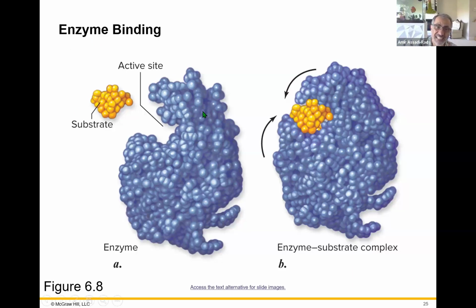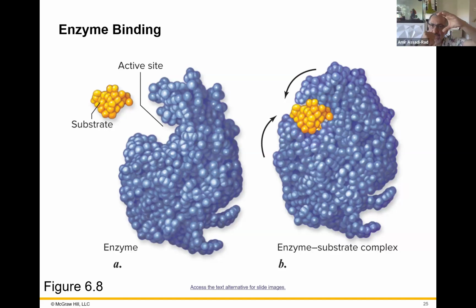So this is a huge enzyme, right? The place where the chemical reaction occurs is called the active site. The place where the substrate fits into the enzyme is called the active site. This is the active site. This is the enzyme. This is a substrate.